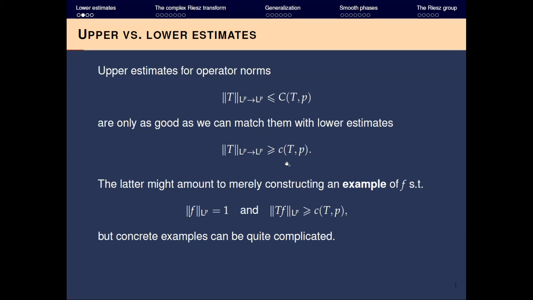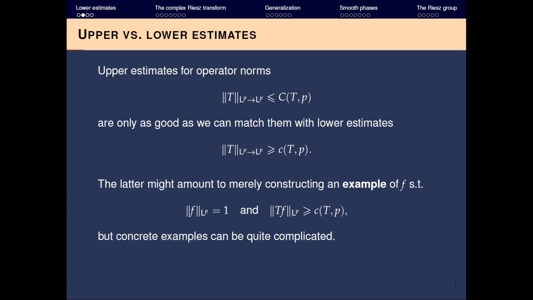Let me clarify. The operator norm is defined as a certain supremum of the output functions T acting on your input function f, as f ranges over all functions that have LP norm equal to 1. So strictly speaking, you're proving a lower bound for that supremum, right?